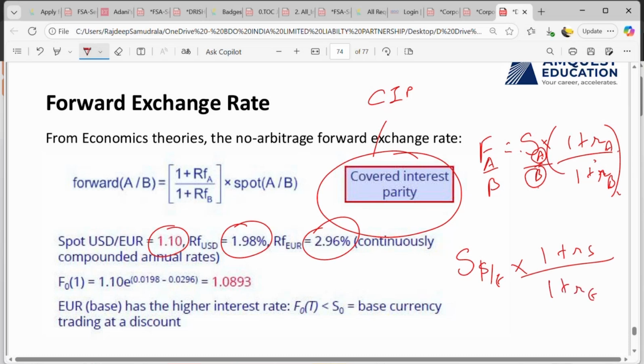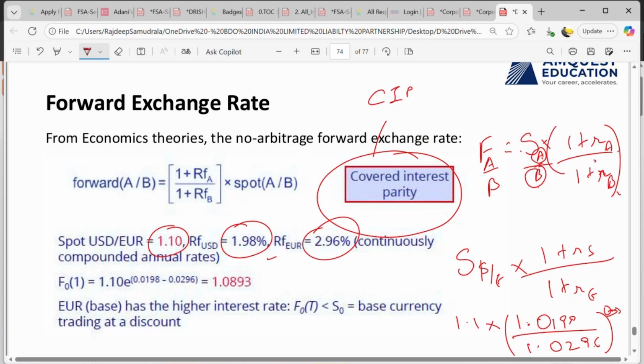Sum solved, right? Obviously it's 1.1 into 1.0198, याद रखना decimals है, upon 1.0296. And look out, if it's 1 year, you're okay. If it's 6 months, you'll have to do raise to, जो भी है 0.5, 0.25 and so on, okay? And that's your answer.